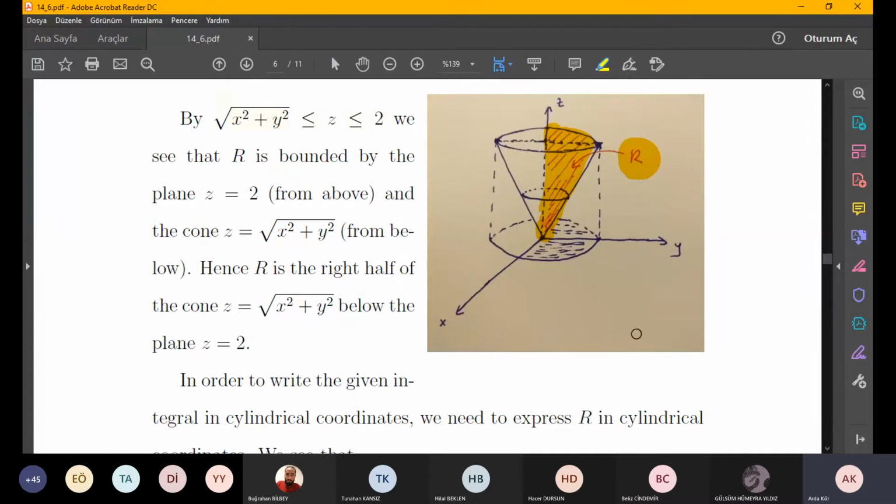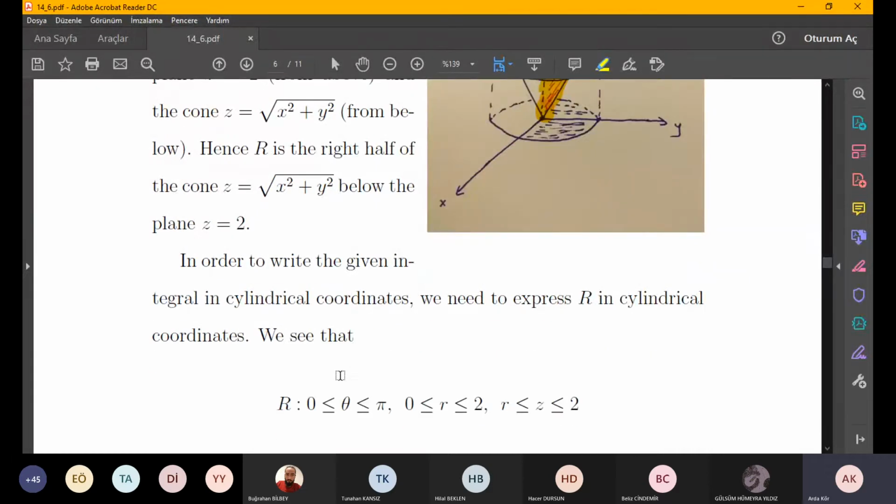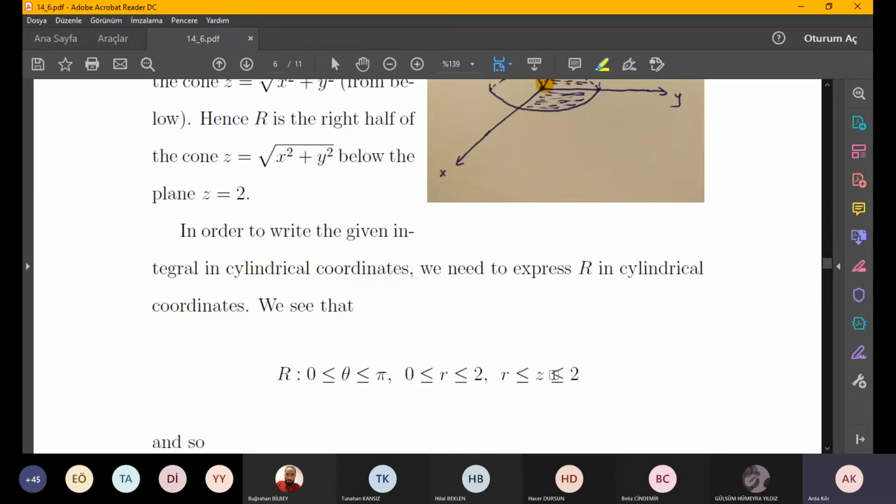So in order to write the given triple integral in cylindrical coordinates, of course we need to express the region in cylindrical coordinates. By using the same method as for polar coordinates, you can find the x and y boundaries in terms of theta and r.